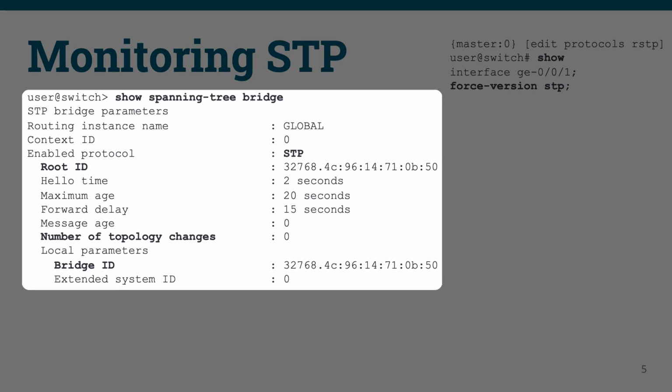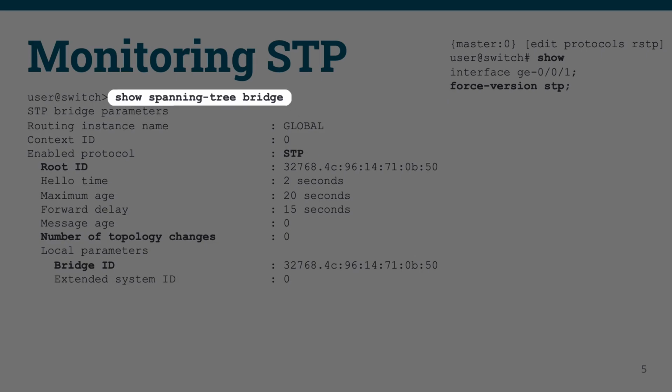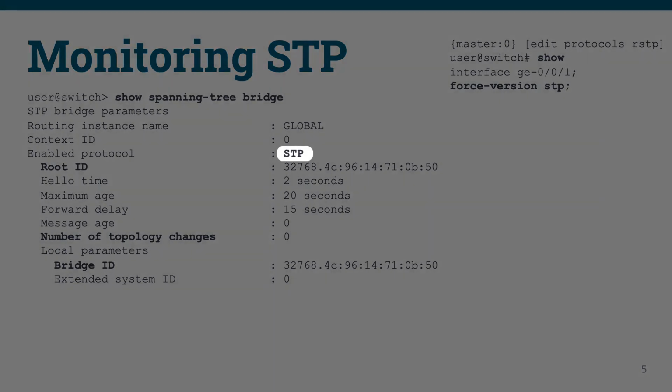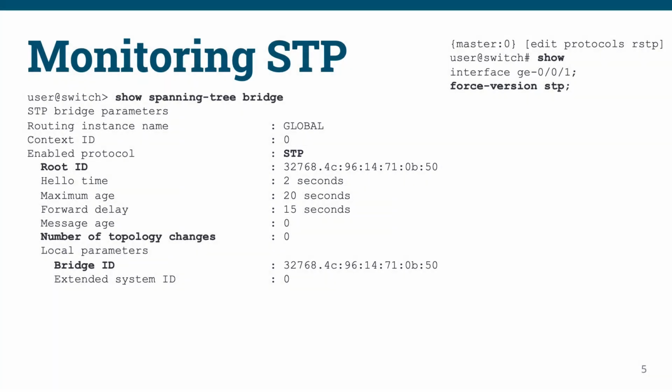Here, we can take a look at the local switch's STP or RSTP process using the show spanning-tree bridge command. In the resulting command output, the enabled protocol will state whether we're running STP or RSTP. As we can see, this output shows we're running STP, which correlates with the configuration that was applied.